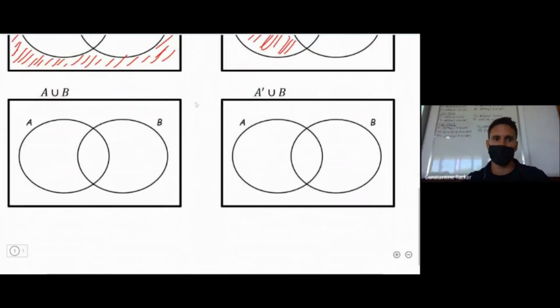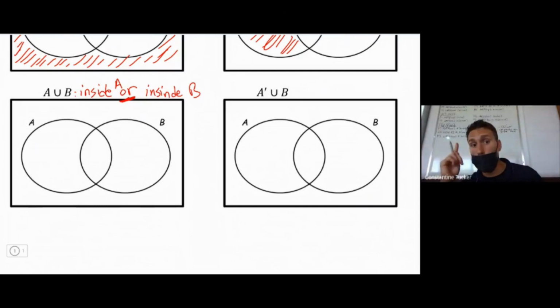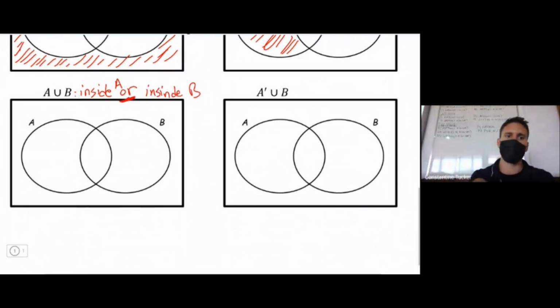This one will look familiar. We want to be inside A union, sorry, I forgot A. Or inside B. Inside A or inside B. I'm going to write it again. So we want to be inside A or inside B. Let's think about it for a second.